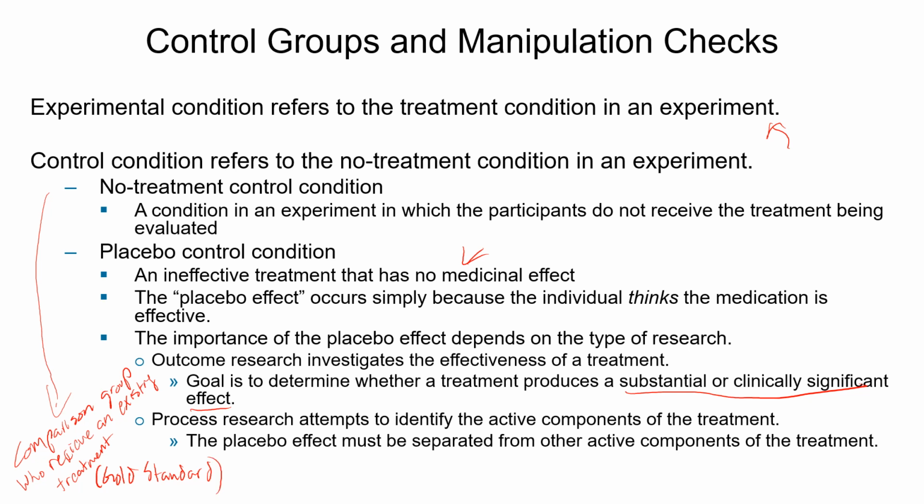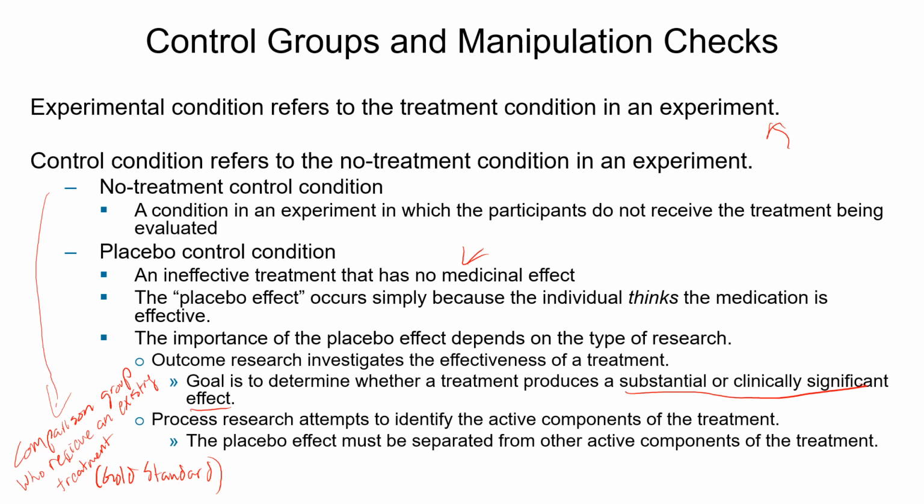Let's say we're trying to see if a drug has a pain relief effect. We probably wouldn't compare that drug to a placebo. Why? Because it would be unethical to give participants something that isn't going to reduce their pain. We're not interested to see if our drug reduces pain. We're interested to see if our drug reduces pain better than existing methods.